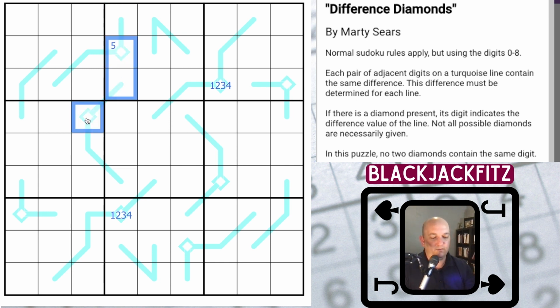So that's really interesting. There's going to be a lot of zeros. How are we going to place all the zeros? Yeah, okay, so the 5, 6, 7, and 8 are all attached to at least 2 zeros.